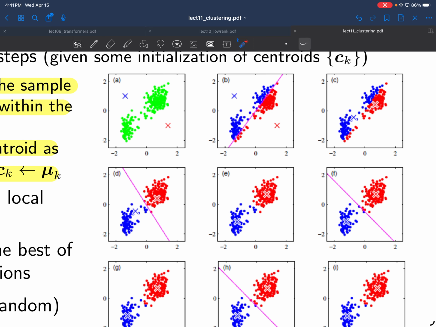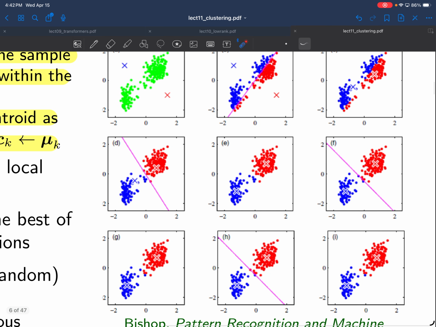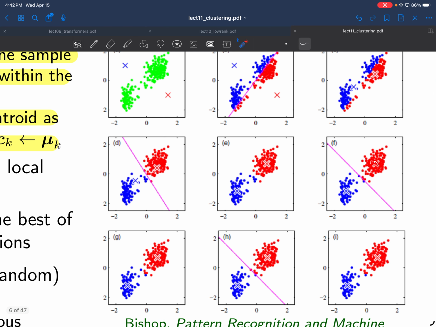Then for those 2, we find the decision boundary. You can see that things are starting to stabilize. A few points have changed sides, have gone from blue to red. And you compute the sample means again, and then the new decision boundary.